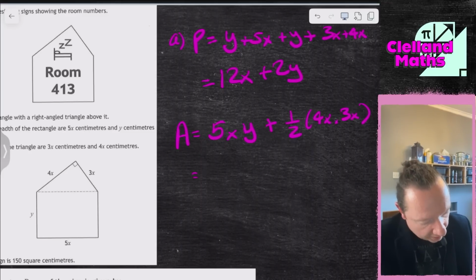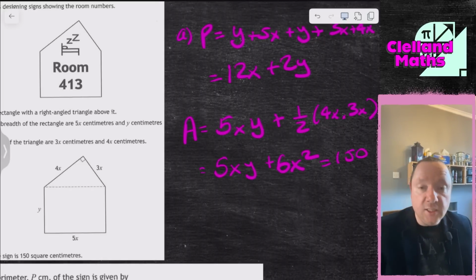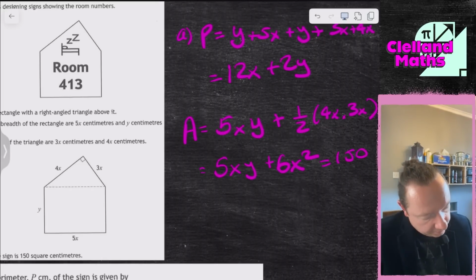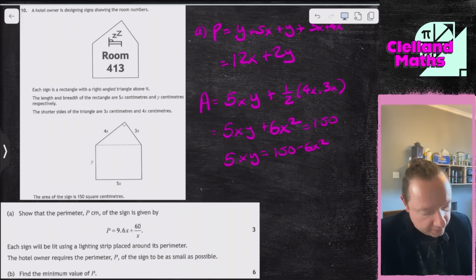So that's 5xy plus a half of 4 is 2, times 3 is 6, and x times x is x squared. But that equals, remember, 150. And my perimeter in the question doesn't have a y, so I make y the subject. So 5xy equals 150 minus 6x squared. So y is (150 minus 6x squared) over 5x.